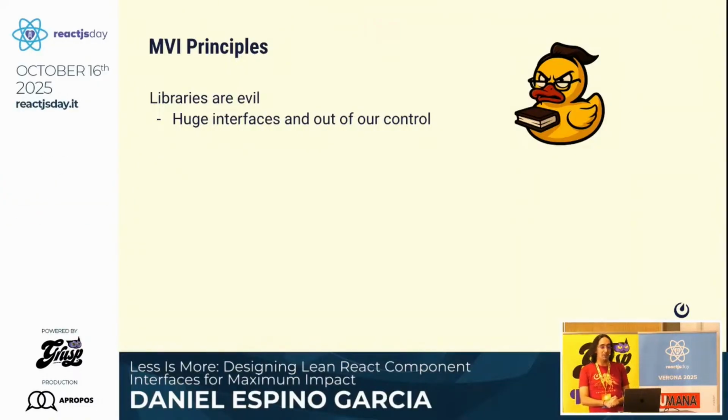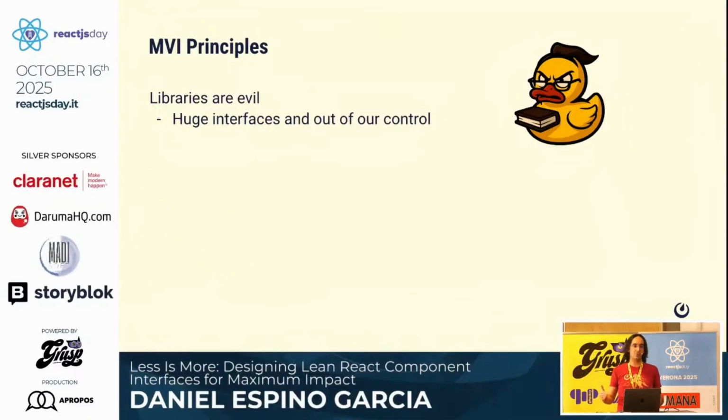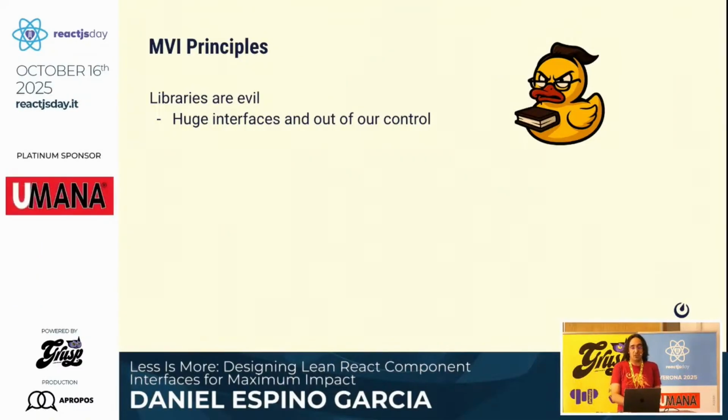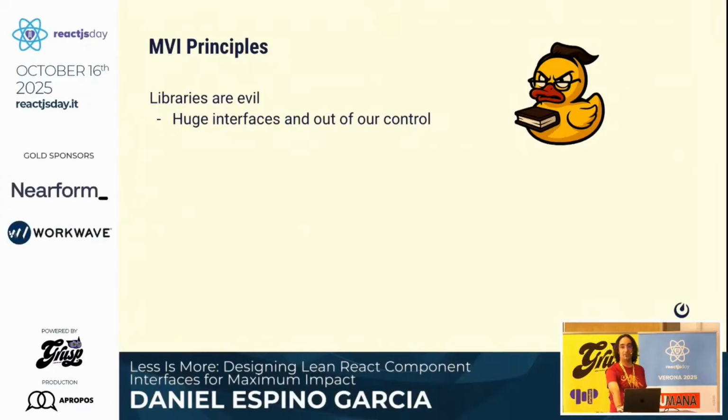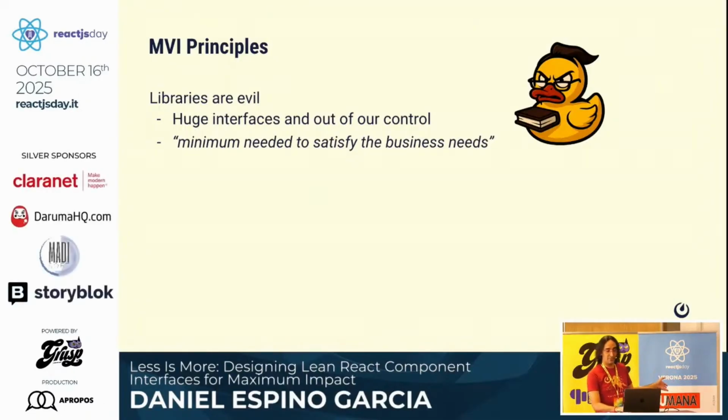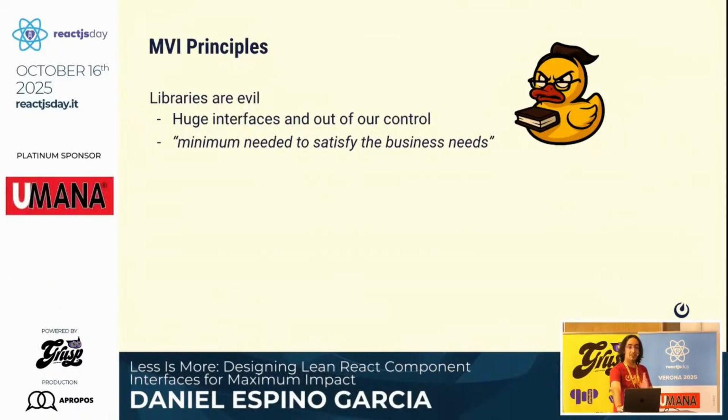So the moment you have a project that is going to live long, this is going to happen. And libraries are going to be there to bite you in the back. So back to the definition of MBI, we will say that we need the minimum needed to satisfy the business needs.